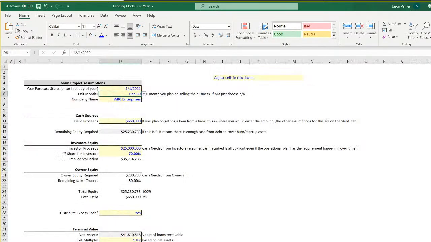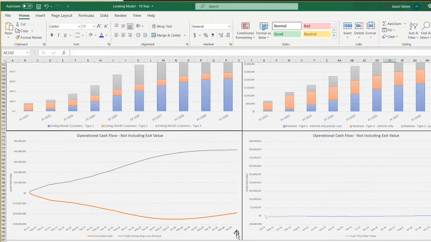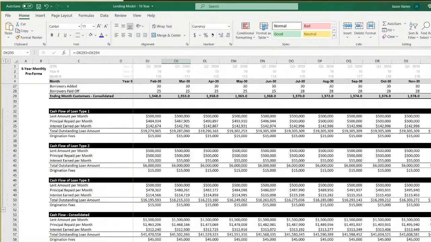And then let's take away the exit. Wait a second. Hold on a second. This 19 million. So what number are we using for this cumulative cash?